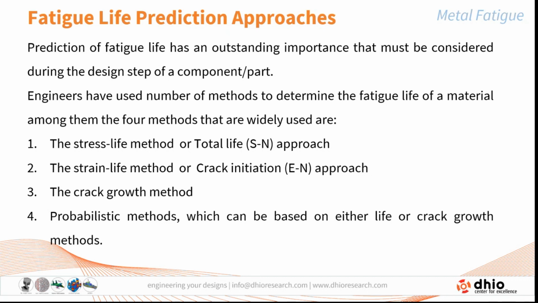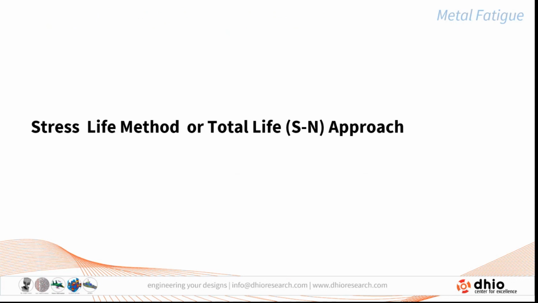The third one is the crack growth method, also called fatigue life prediction by the fracture mechanics approach. And the fourth is the probabilistic method, which can be used on either life or crack growth, or a combination of these.